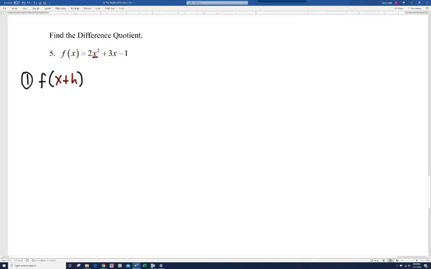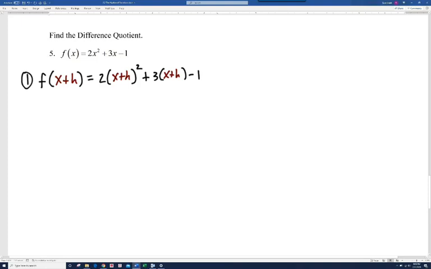Sometimes students forget to put it in both. So I'm going to go ahead and make a shell. It'll be 2 times my input squared plus 3 times my input minus 1. So I'm just rewriting this and replacing x with parentheses. Now I put a lot of room there because I'm plugging in a binomial x plus h.